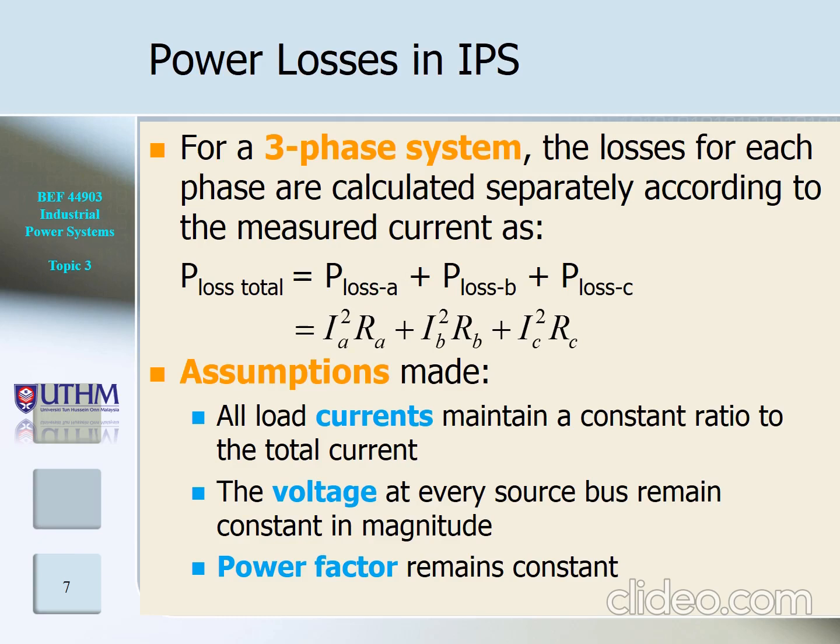Assumptions made: first, all load currents maintain a constant ratio to the total current. The voltage at every source bus remains constant in magnitude, and lastly, power factor remains constant.